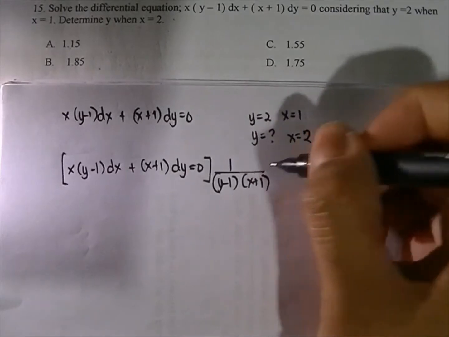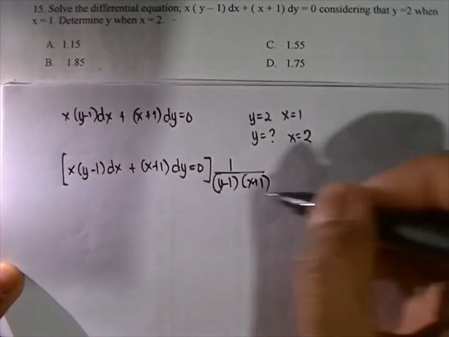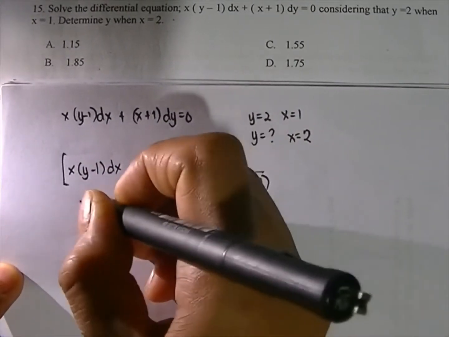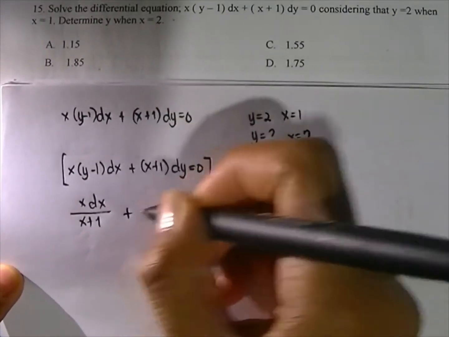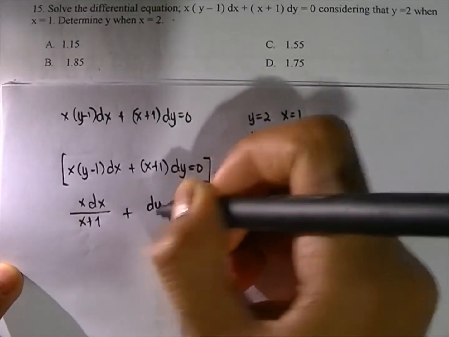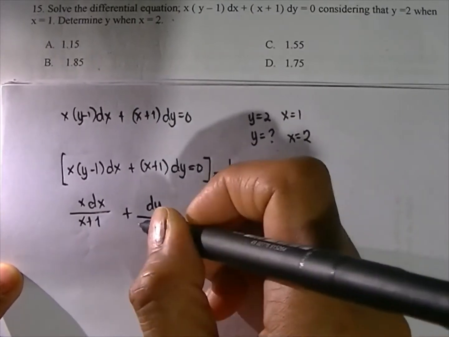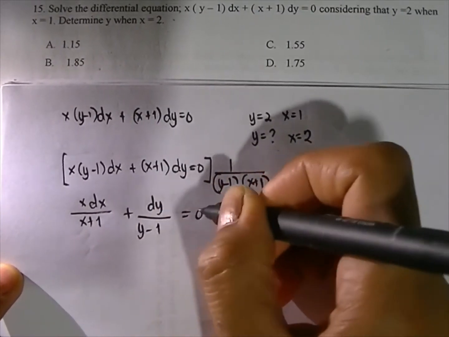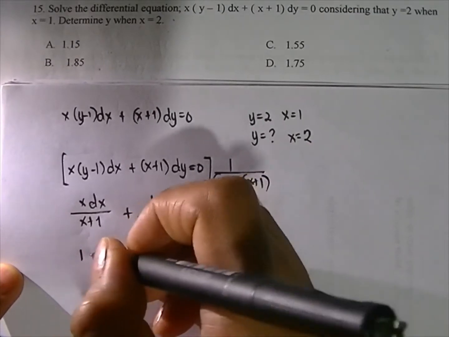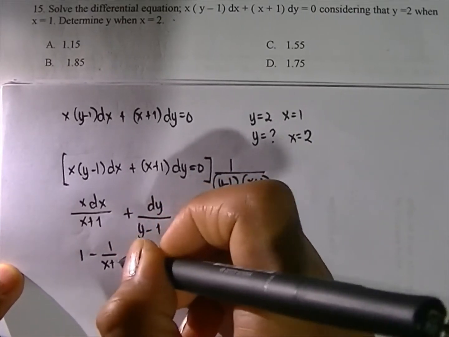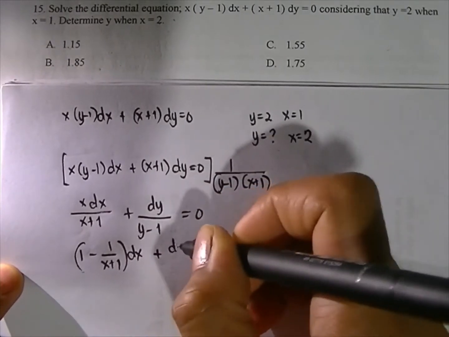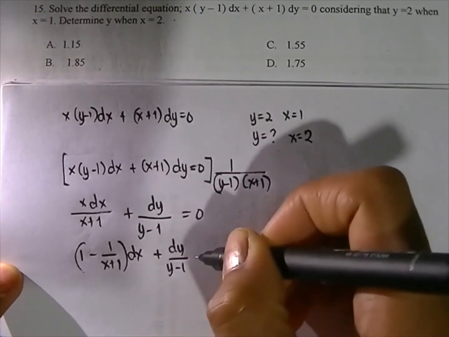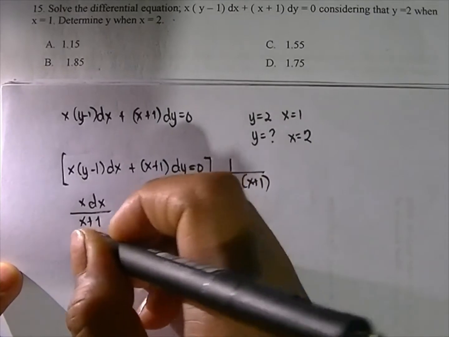So we have x dx over x + 1 plus dy over y − 1 equals 0. So (1 − 1 over x + 1) dx plus dy over y − 1 equals 0. So integrate.